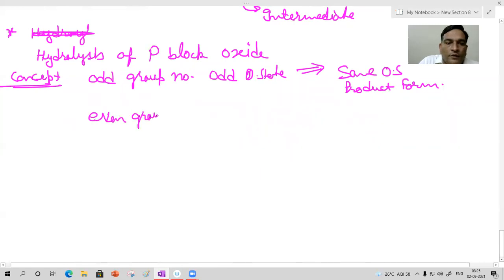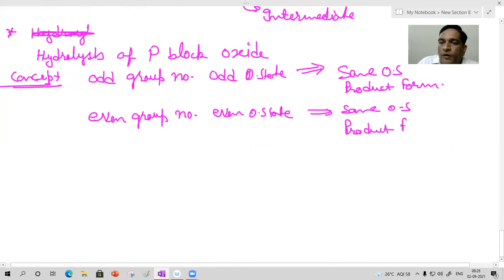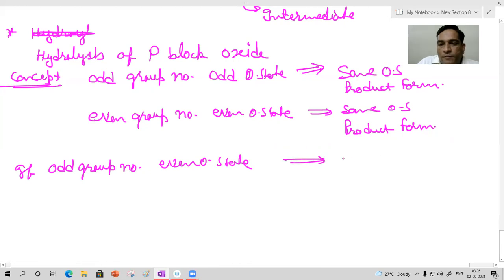Even group number, even oxidation state: the same oxidation state product forms. It's a general statement. In 99% of cases the statement is right. Exception is everywhere, my dear. If odd group number, even oxidation state, disproportionation.